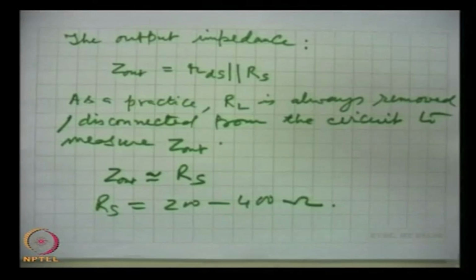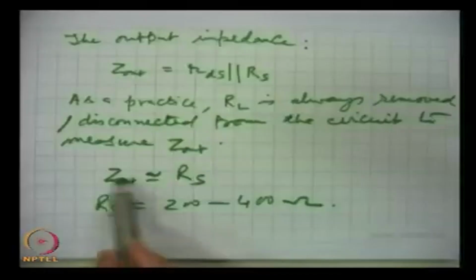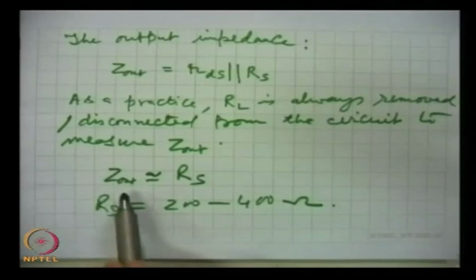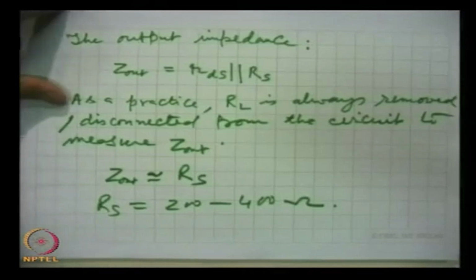Input impedance is very high, output impedance is low. So, this amplifier can be used to act as a buffer between very high impedance on one side and low impedance on the other side. Low impedance will match with the output impedance here, and the high input impedance will match at the other point.